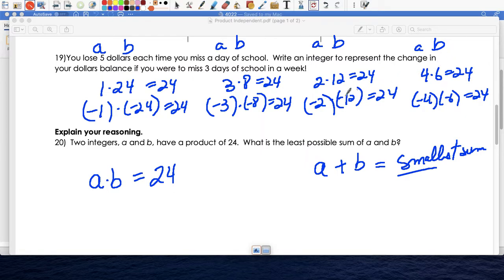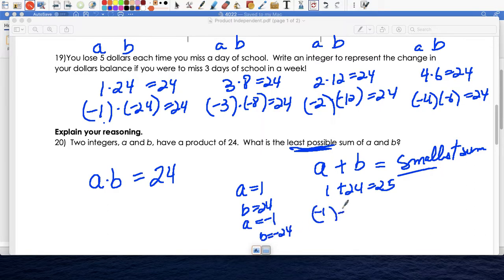So which of these would give me the smallest sum? Now, if you add 1 plus 24, so let's say A is 1 and B is 24, in this case, positive 1 and positive 24, I get 25. Let's take negative 1 and negative 24. If A is negative 1 and B is negative 24, and I add those two, negative 1 plus negative 24 gives me negative 25.